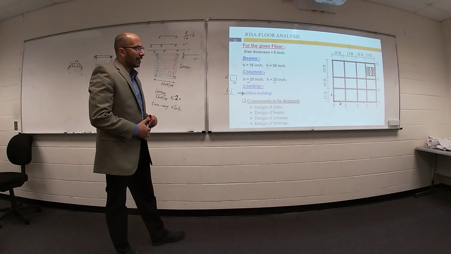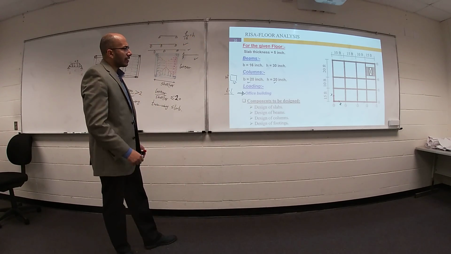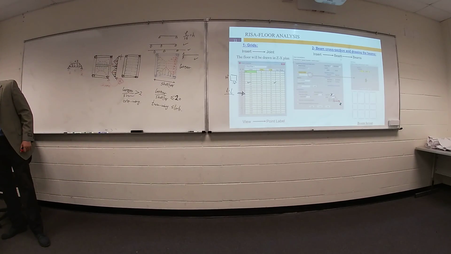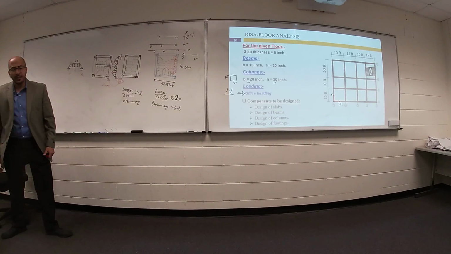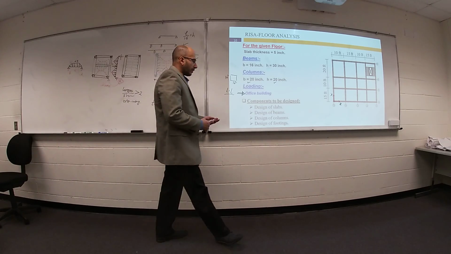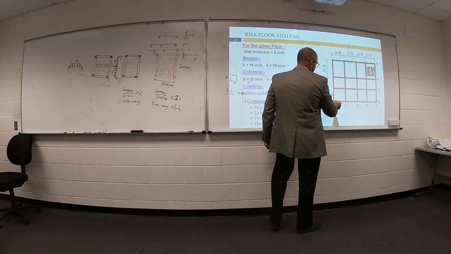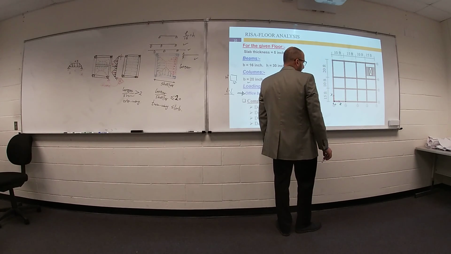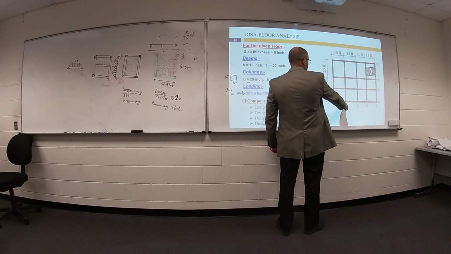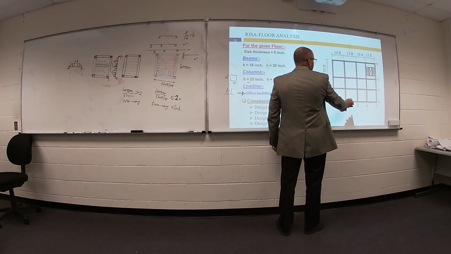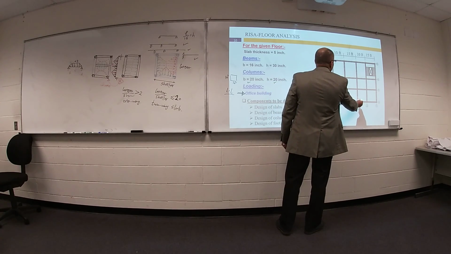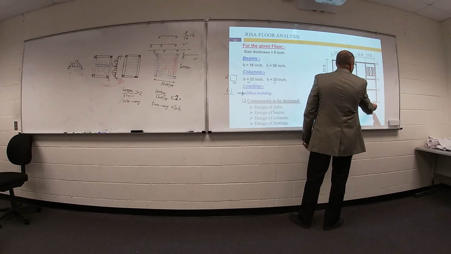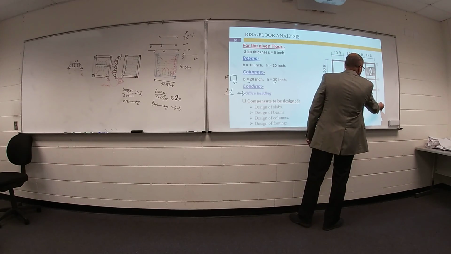Your origin and your axes are in the X plane. So first point at 0, 0. Second point at what? 10, 0. 25, 0. 35, 0. 50, 0.